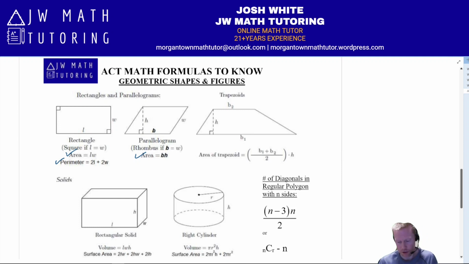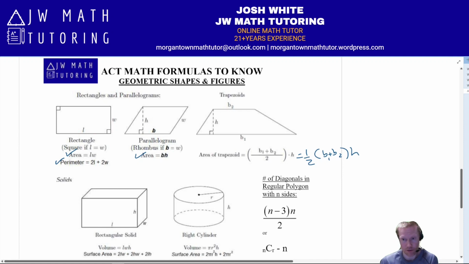You can also sometimes see it written as 1/2 and then base 1 plus base 2 inside here times the height. So it's just a different way of writing it, but it means the same thing. You get the same answer. And of course, your bases are your two parallel sides. The height is the perpendicular distance between those parallel sides. So the height is basically the same thing as it is for a parallelogram.